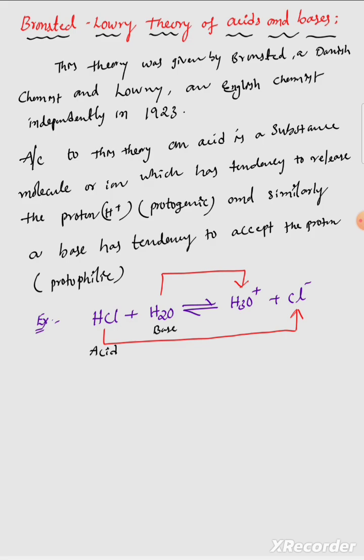Based on these examples, this Bronsted-Lowry theory is also called the proton donor and acceptor theory.